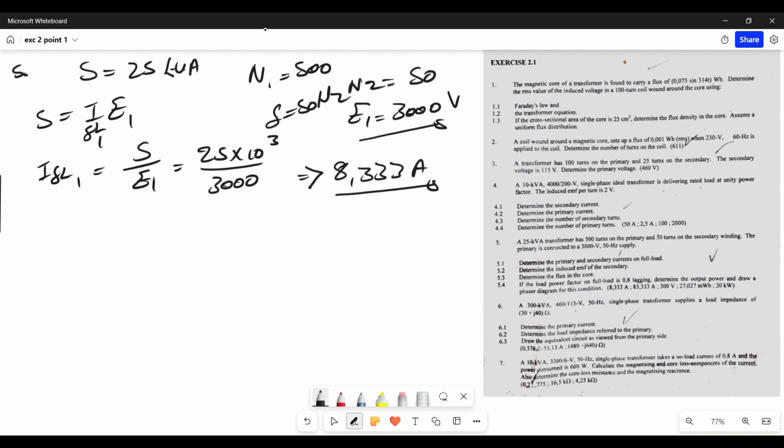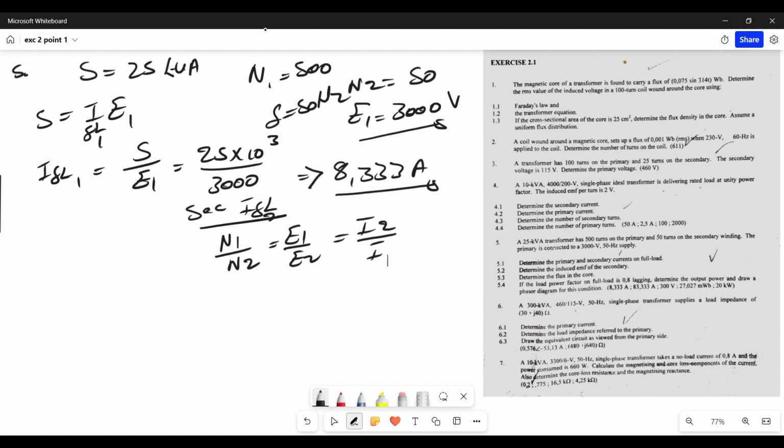Now we have to calculate the secondary, I full load 2. We know that N1 over N2 is equal to E1 over E2, which is also equal to I2 over I1.